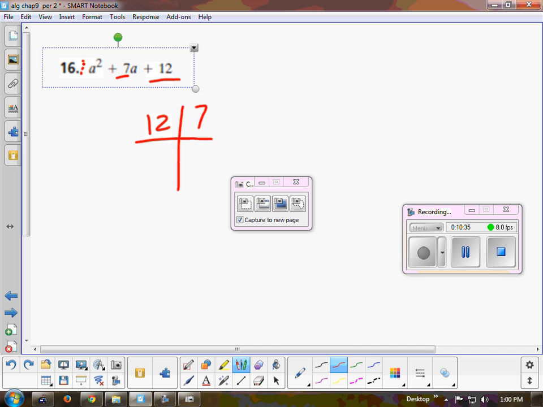We need two numbers that multiply to equal 12 and add up to 7 at the same time. Now 2 and 6 equal 12, but they don't add up to 7. What numbers multiply to equal 12 and add up to 7? Sarah. 4 times 3 is 12, and at the same time, adds up to 7. So we can go directly to the answer. A plus 4, A plus 3.